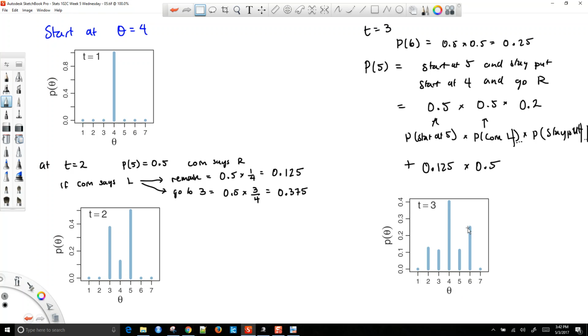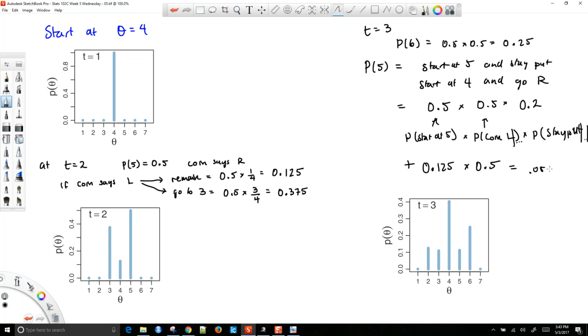So we can see that the height at 6 is equal to 0.25, and then the height at 5, I guess I could do these calculations just to make sure that we have this. What is this? 0.5 times 0.5, 0.25 times 0.2 is 0.05 plus 0.12 plus 0.0625.